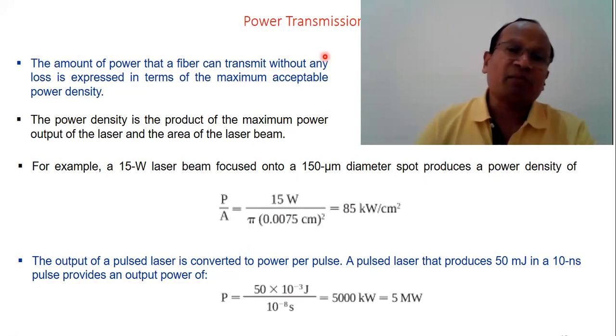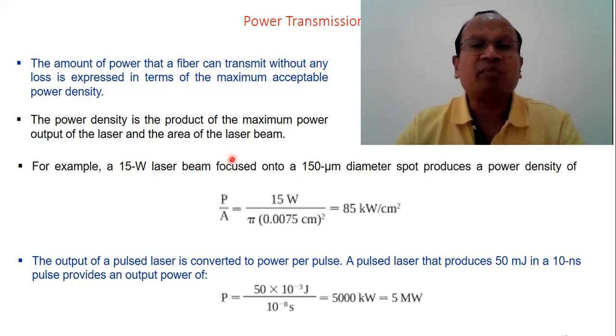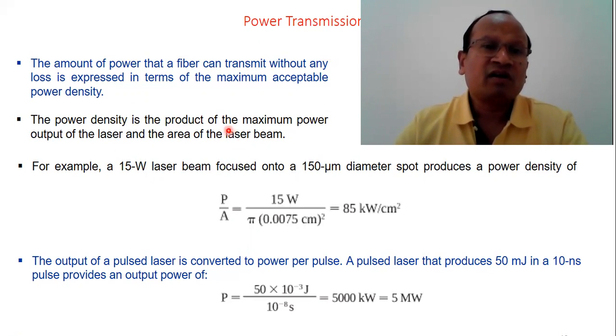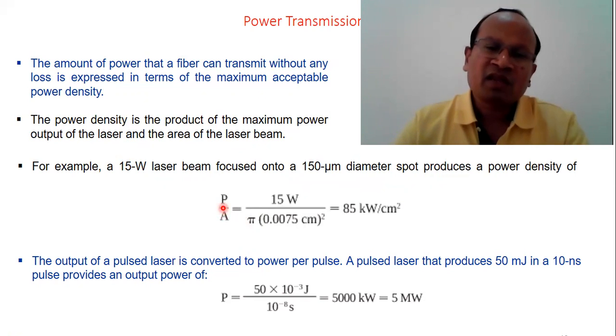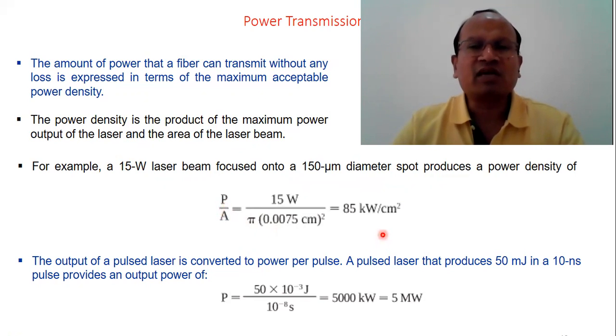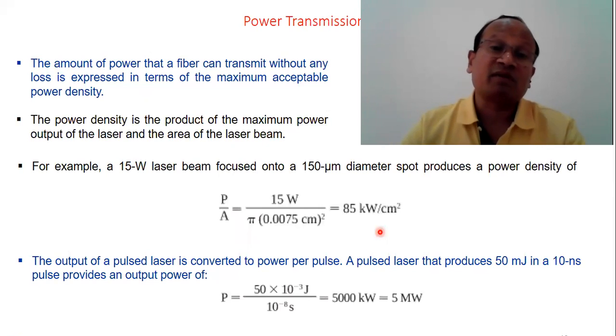The power density is the maximum power output of the laser divided by the area of the laser beam. For example, a 15-watt laser beam focused to a 150 micrometer diameter spot produces a power density, that is power per unit area, P by A, equal to 85 kilowatt per centimeter square.